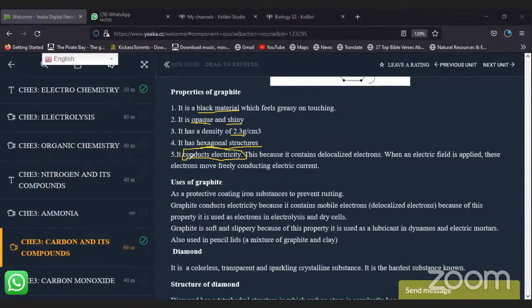I've talked about this while explaining the structure. Let me see who remembers. So type it in. What does graphite have that makes it able to conduct electricity? Type it in the chat box and we see what your answer is.